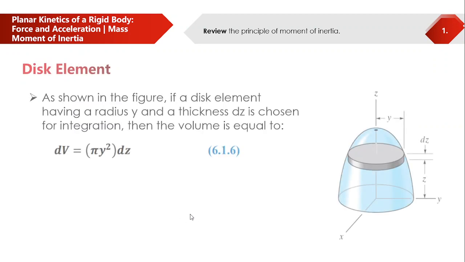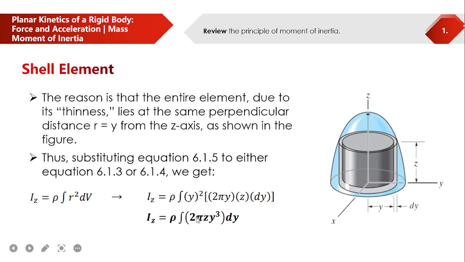As shown in the figure, that's how we solve for the moment of inertia using the shell element. So this is your formula na. If you're given the density and the height of the body, since those are constant values, the 2 pi z goes outside, and what remains is y cubed dy.